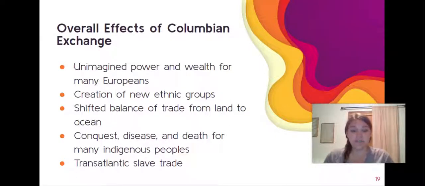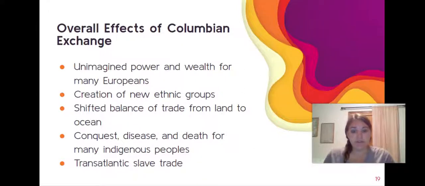We will see the creation of new ethnic groups. So as these conquests develop, we're going to see populations mix between Europeans and indigenous peoples, and we're going to talk about the classes that developed because of that. And as we'll talk about, primarily that will happen through rape, unfortunately.